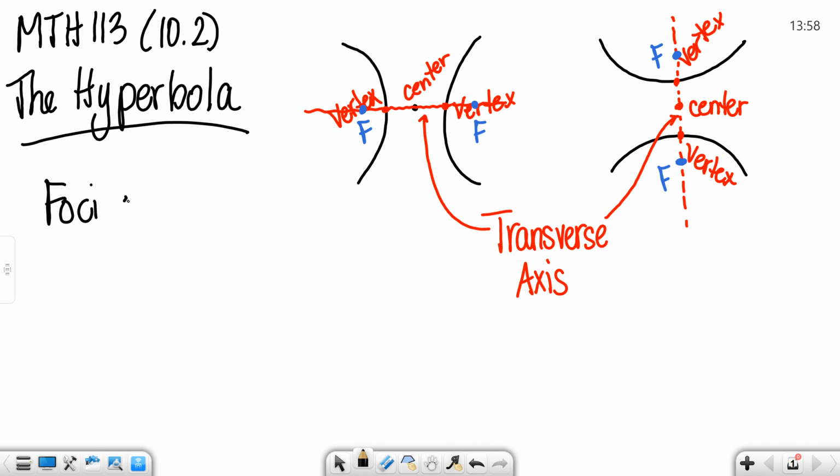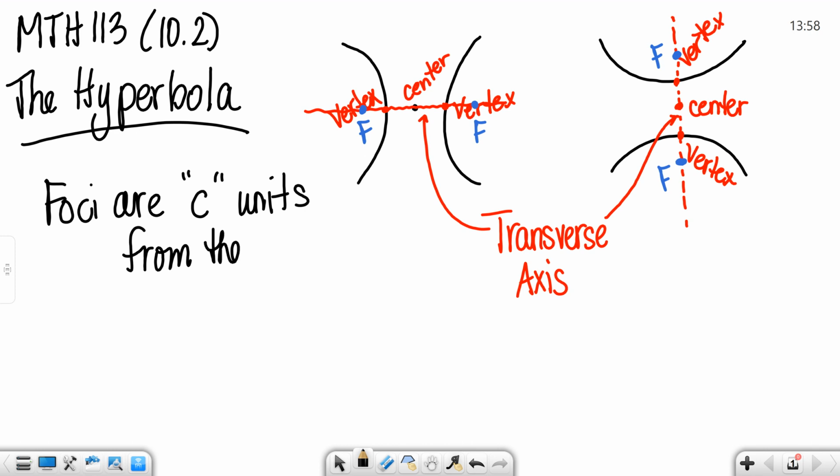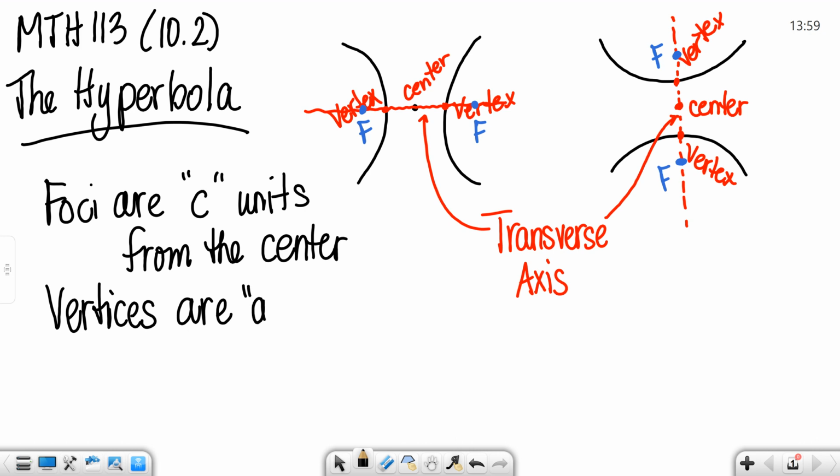The foci are C units from the center. Okay, that has not changed. That was the same way on an ellipse. The vertices are A units or spaces, whichever word you prefer to use, from the center.